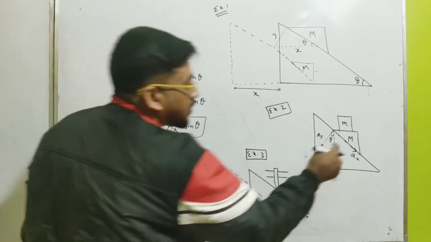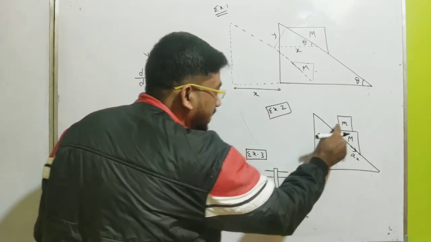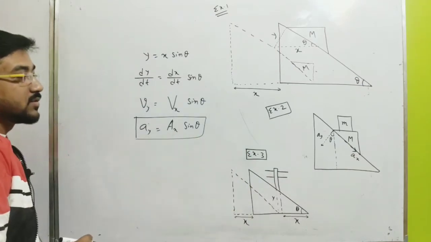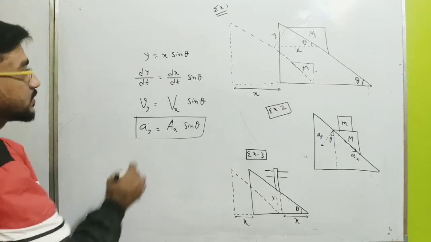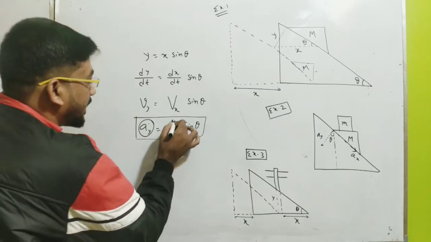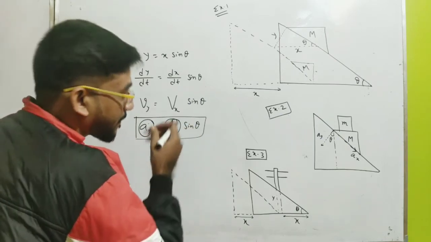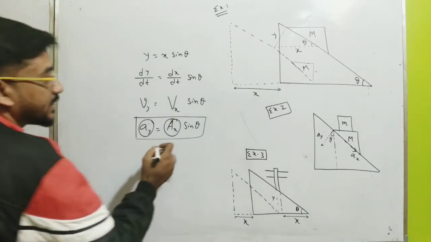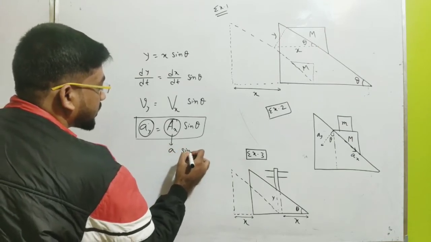The acceleration of this block capital M along this direction is nothing but ax sin theta. So this is ay, and let me take this ax as A. So it will be A sin theta, simply A sin theta.